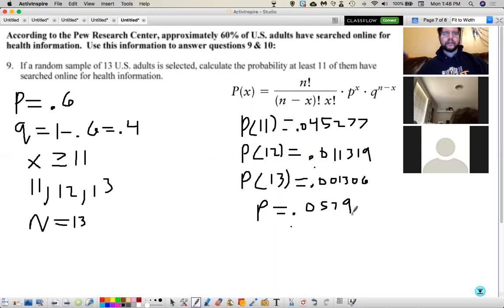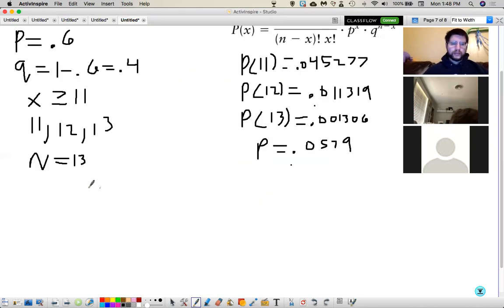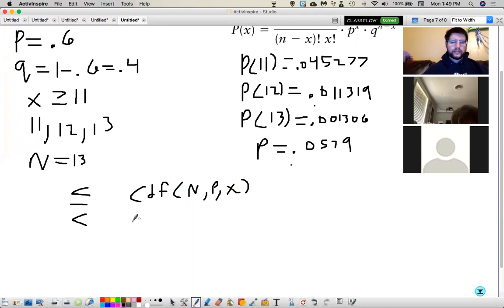Luckily, your calculator does have a binomial distribution in it, both the Casio and the TI. I did forget what we do for at least. I'm going to figure that out real quick. Remember, we know we're going to do a CDF. So less than or equal to is our CDF of n, p, and x. And if we do less than, that's CDF of n, p, and x minus 1.